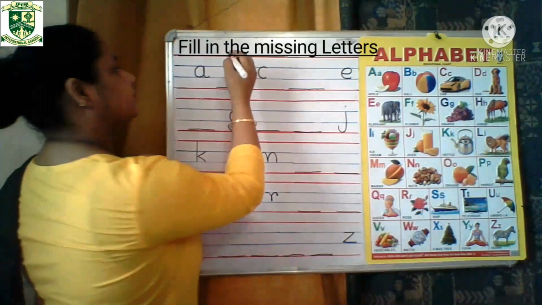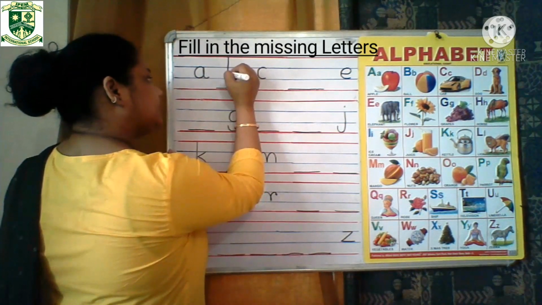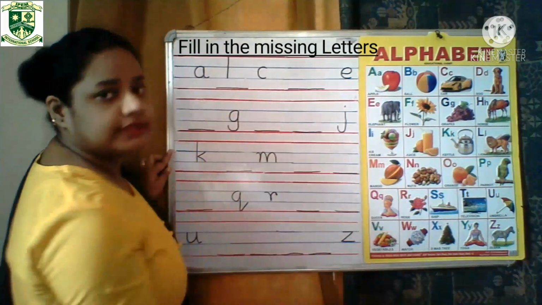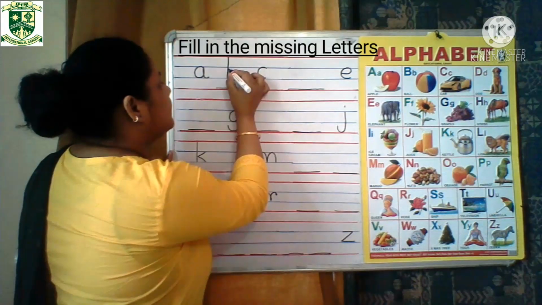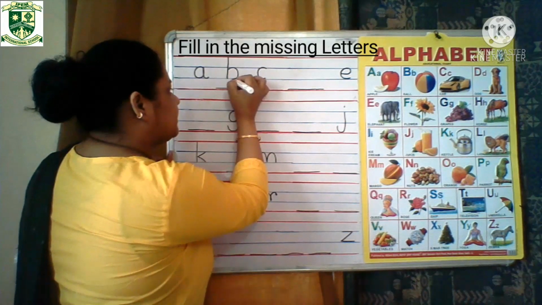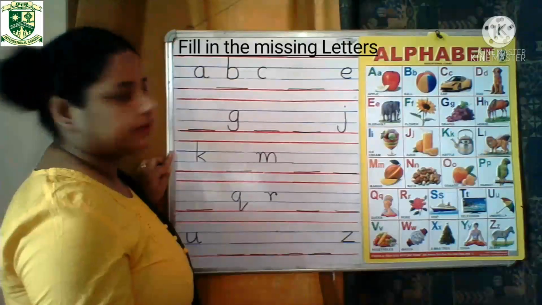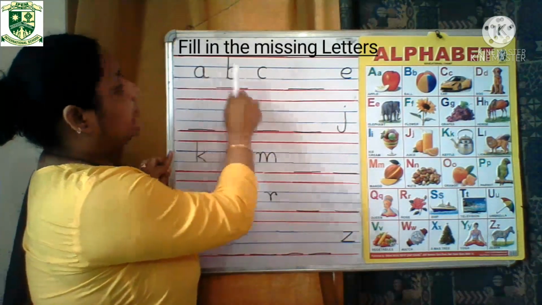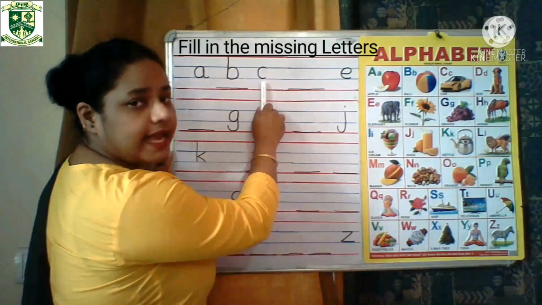Now let me see how many of you all can write small b. Follow me. First we'll make one standing line from the red line to the second blue line, and very nice, a right curve. Okay, this is how we'll write small b. Now small a, small b, small c. What comes next?